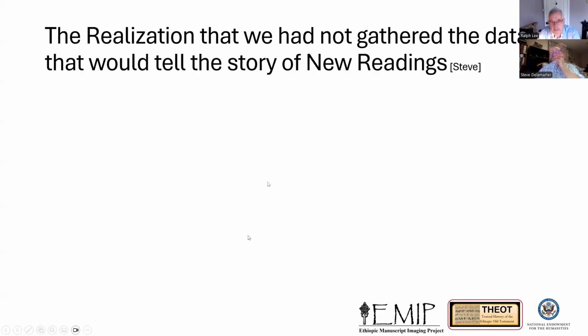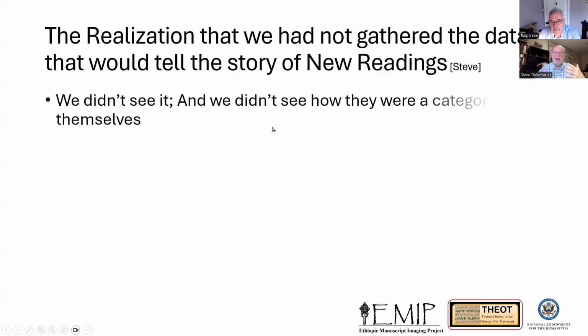The first thing that has to be said about this part of our work is that we came to a moment of realization that this was going to be really important for us, and yet we knew there was a story someplace that we hadn't gathered data on. When that moment came, we realized we hadn't seen it to this point, and we didn't see how they were a category unto themselves.